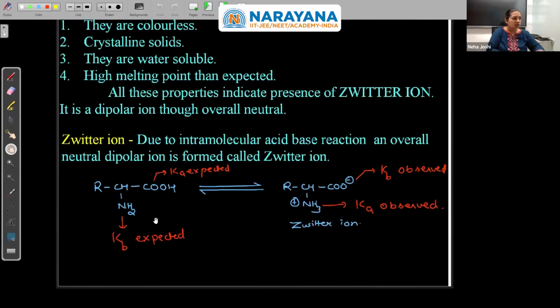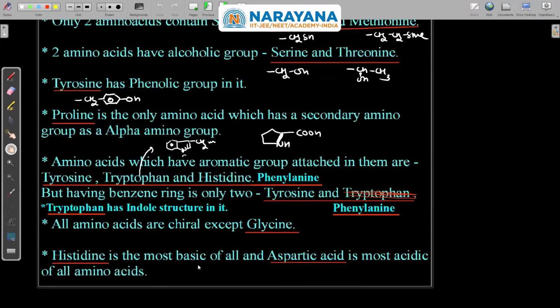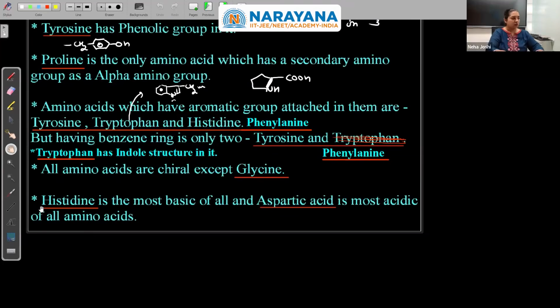Next slide, bottommost point. Yes, here I should put arginine. Thank you. Certainly arginine. Arginine is the most basic one. 10.8 is of that only.